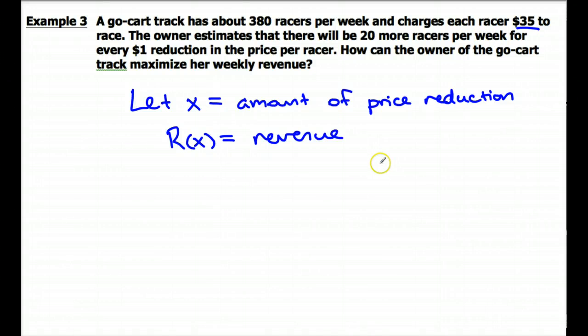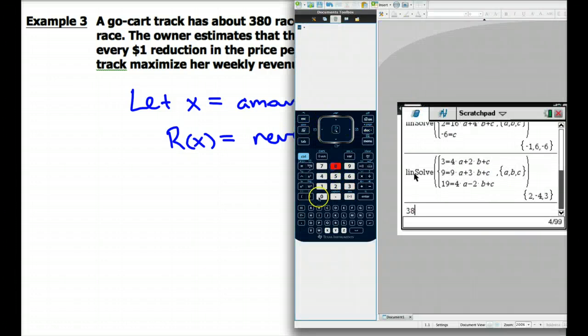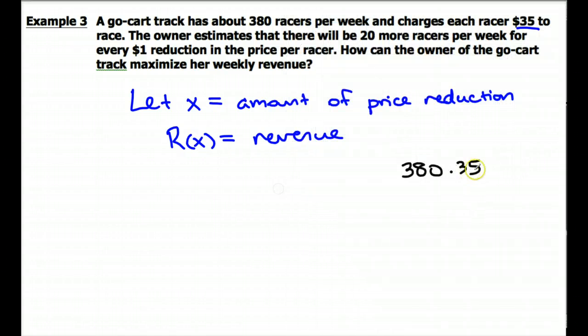So right now, our revenue is 380 times 35. And so 380 times 35 is equal to 13,300. Okay, so this is your current revenue right here.